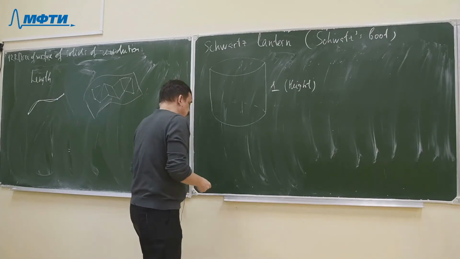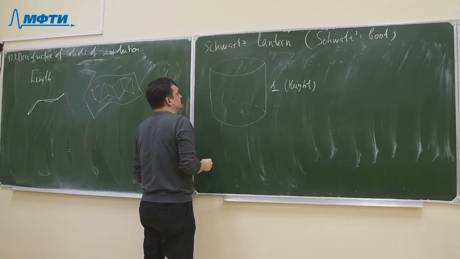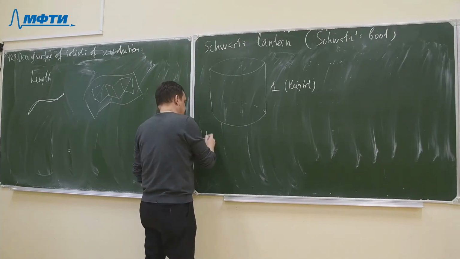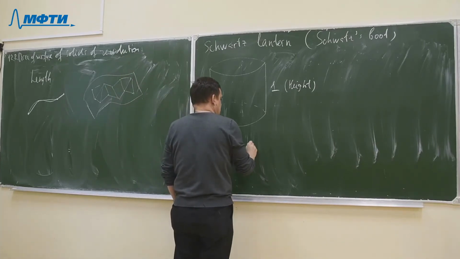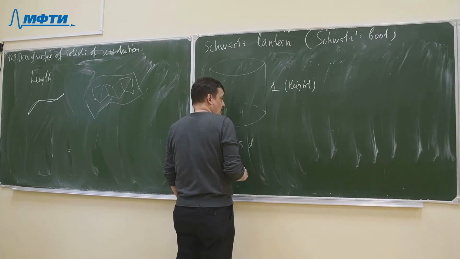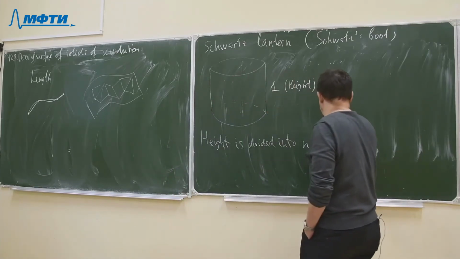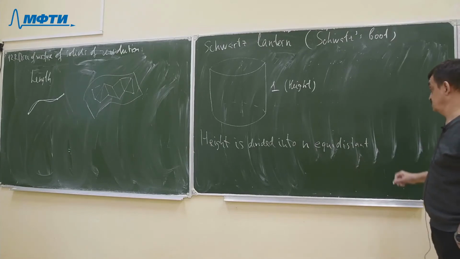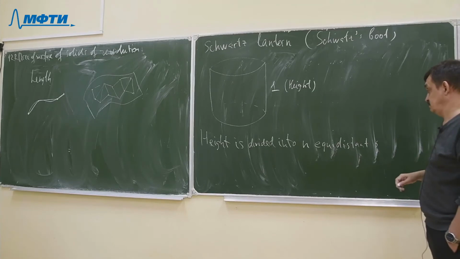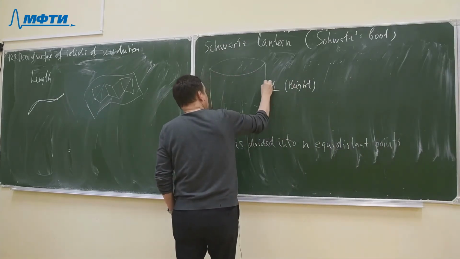Now, let us divide the height of this cylinder into equidistant slices, equidistant points, like that.